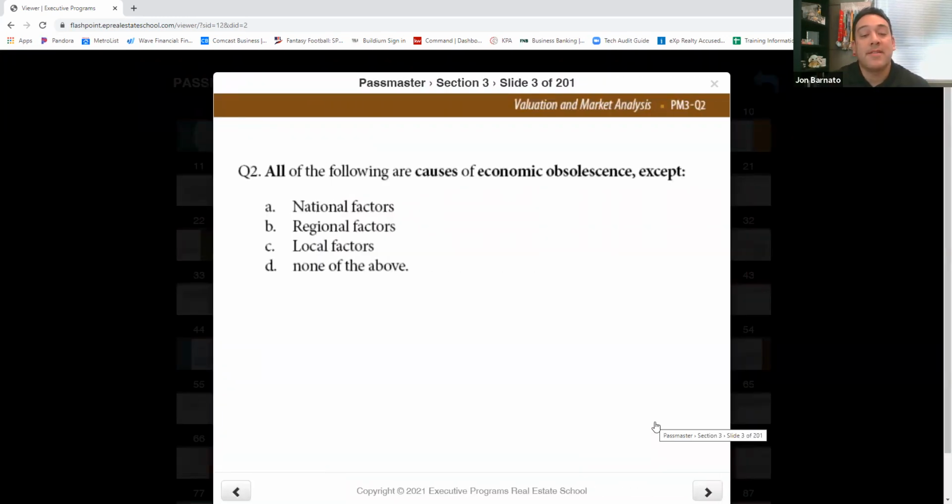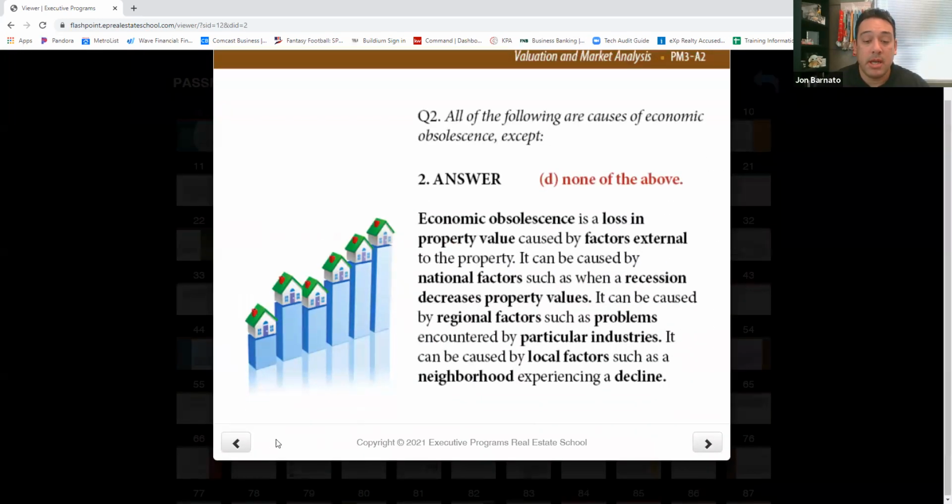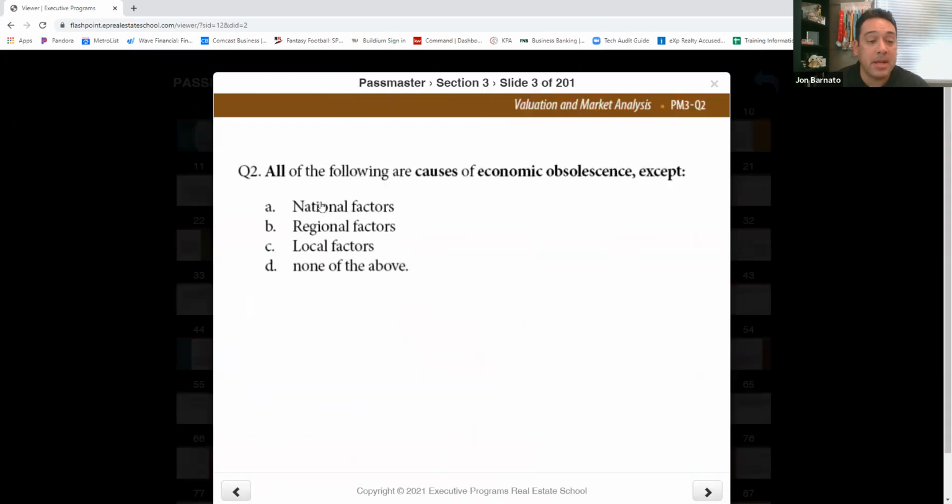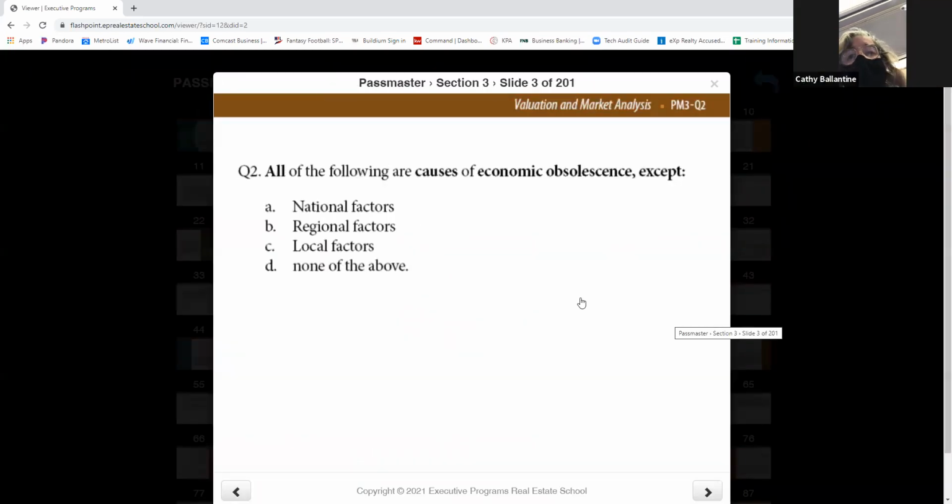All the following are causes of economic obsolescence, except what? Economic obsolescence. B. E. Correct. National, local. So what do you think are some national factors of economic obsolescence? Right, because all of them would be.